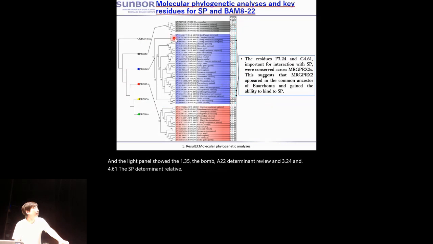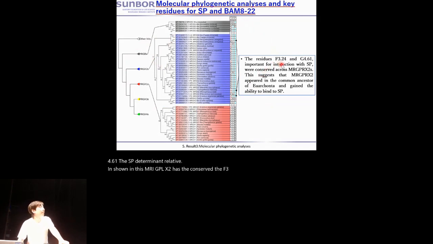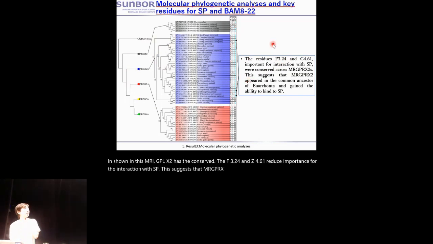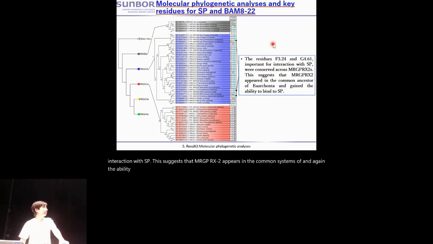As shown here, MRGPRX2 has the conserved F3.24 and G4.61 residues important for the interaction with SP. This suggests that MRGPRX2 appeared in the common ancestor of Euarchontoglires and gained the ability to bind SP.